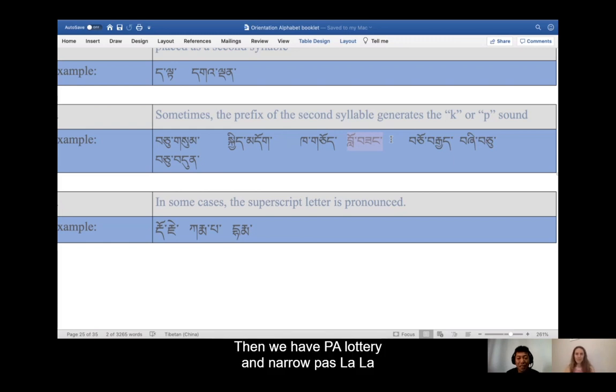Then we have pa and lata and naro: lopsang. And then we have next pao cha naro cho, pao ra gata ga yata ya ta ye: chupye.